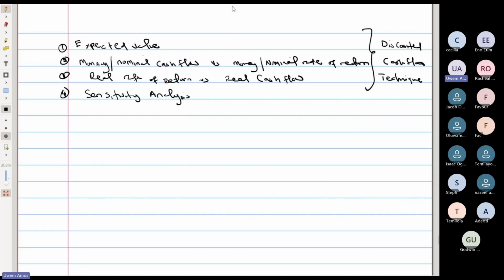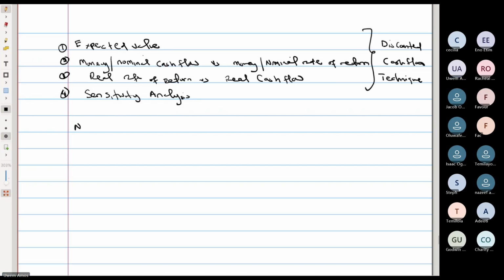Whenever the question is not specific and just mentions evaluate an investment proposal, the methods that should come to your mind immediately should be the net present value method and the adjusted present value. So how do you know how to choose between both? We touched on it before, but let's quickly do that.